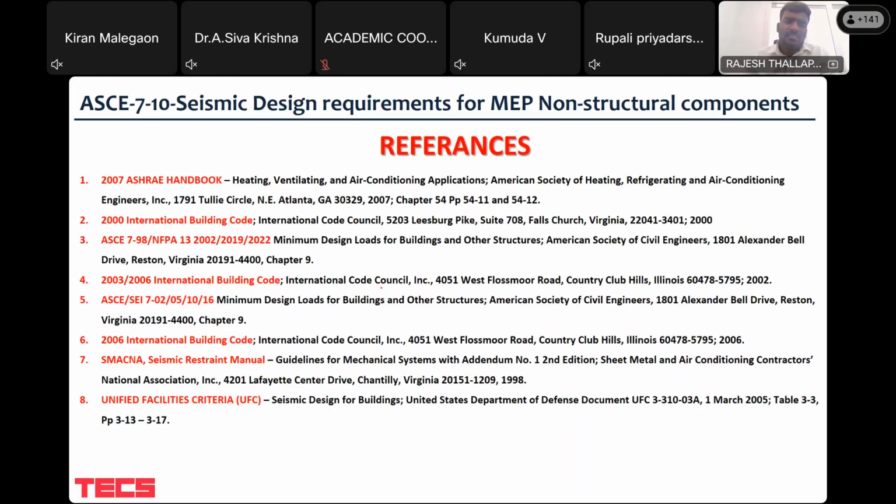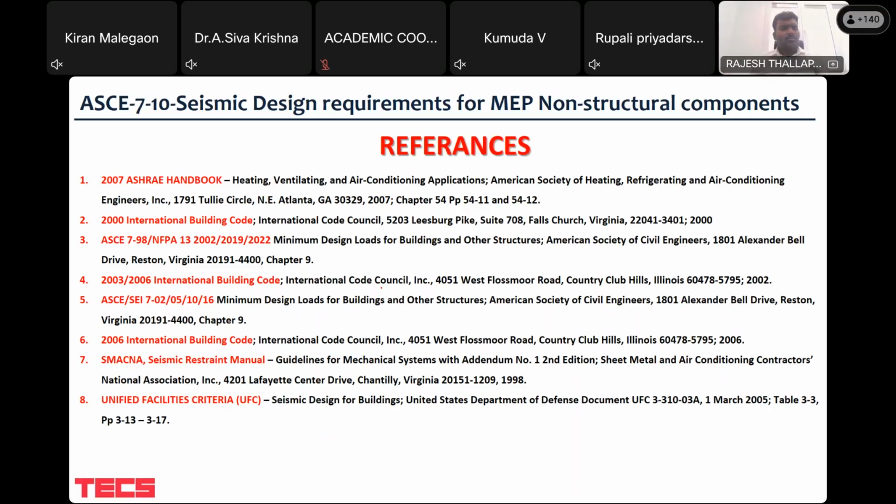There are some special backup documents which give you a more detailed explanation of the codes, how to calculate, and there are even some live examples. So these are all the codes that were taken into consideration for the data presented. There was a solid reference with these codes, and you can refer to this.